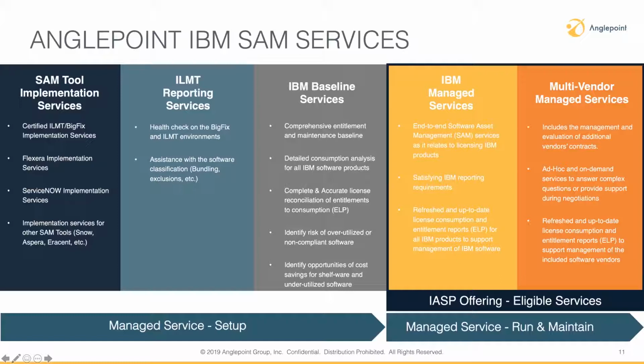And then following that, there is the first baseline. The first baseline is particularly important. This is where we look at overall entitlements that the client has with IBM on PVU and non-PVU. That includes the entire IBM estate, including Z mainframe, if there is any, and so forth.